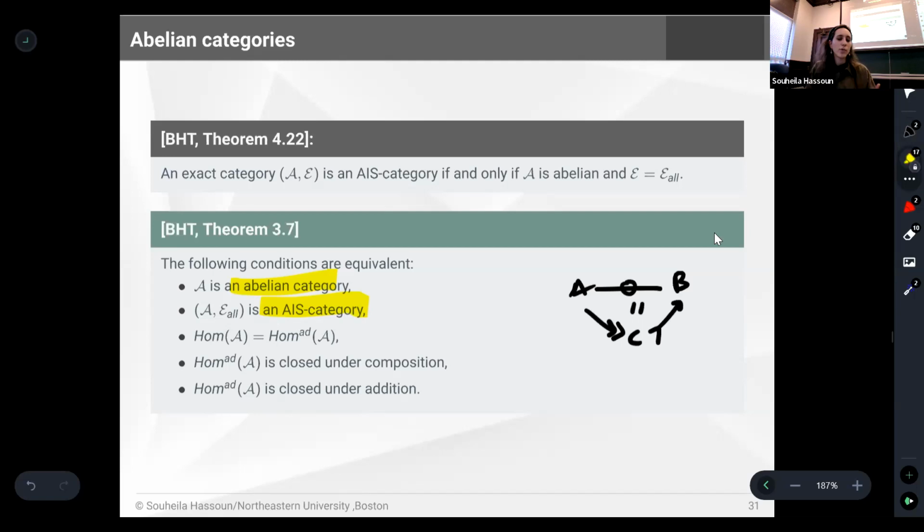So if we want all the morphisms to be admissible on a category, then this only happens when the category is abelian. Same thing, if we want to be able to compose in the normal way and add these admissible morphisms, so that they form a vector space, for example, or if we want the sum or composition of two admissible morphisms to be again admissible, this is again only true in the abelian case.